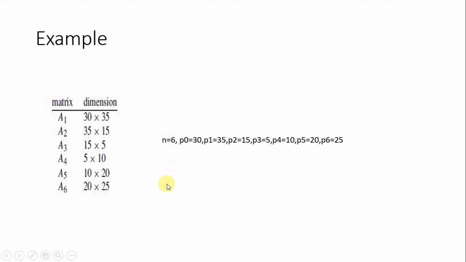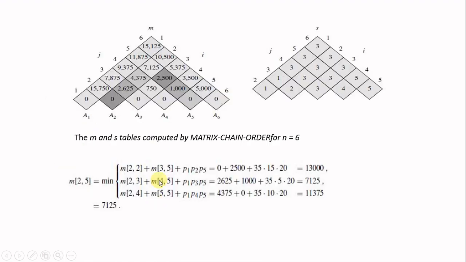So one example here: this is the computed table M and this one is table S. M is the optimal cost and S is the index. And the lower or bottom portion of this matrix is not considered, because we are considering a sequence 1 to n.